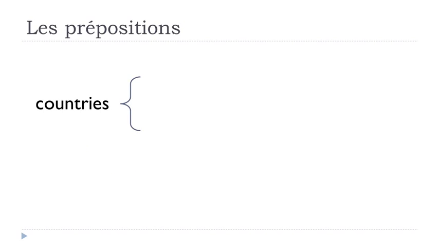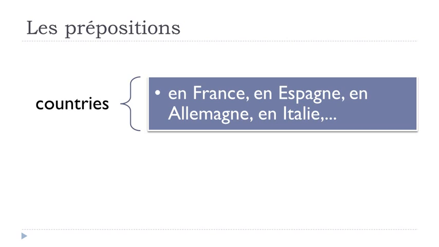Let's see now for the countries. As we saw in a previous lesson, we've got the difference for the countries between the masculine, the feminine, and the plural countries. In many cases, when the country is ending with this vowel e, it will mean that it is feminine.